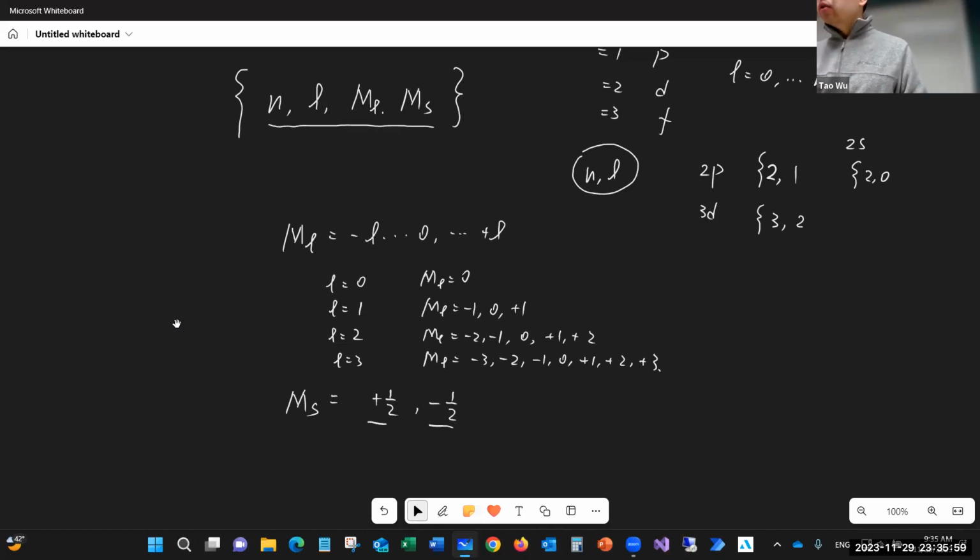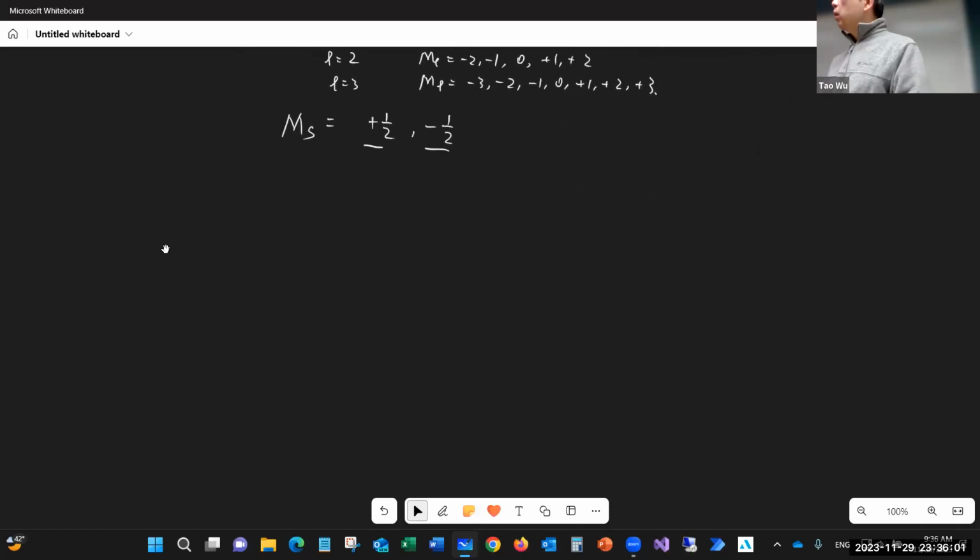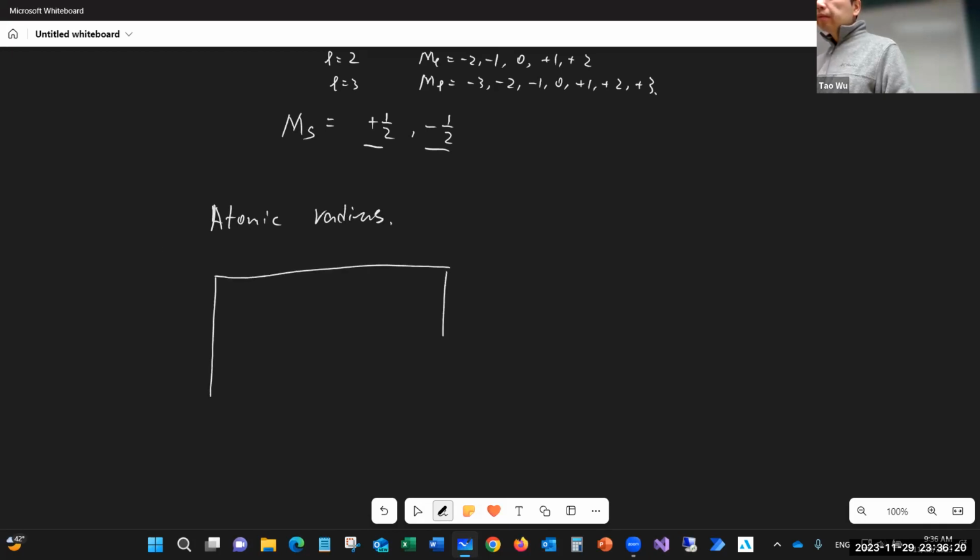Okay, and last time we also talked about the periodic trends. The first one is the atomic radius. Atomic radius in general goes from top right to the bottom left.